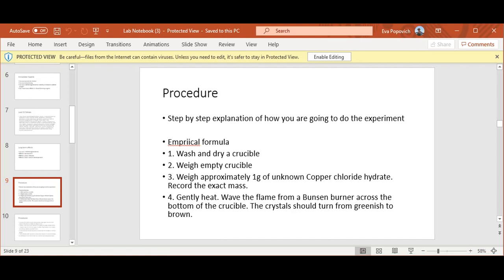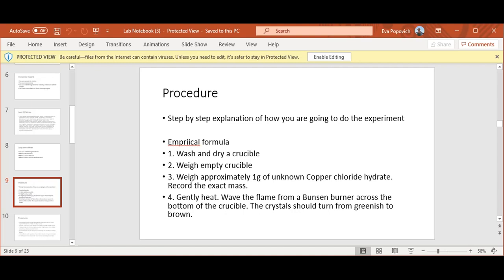I prefer doing it like this, bullets. One bullet point for each step of the experiment. It's easier to follow that way rather than in paragraph form. If you're bound and determined to submit it in paragraph form, I will absolutely grade it, and there's going to be no penalty.